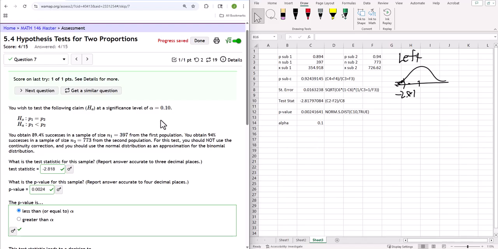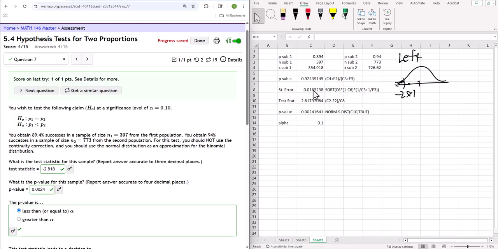So again, you're doing a hypothesis test for two proportions. We are given our null and alternate hypothesis, so we don't really have to write those. We use that information to figure out that we have it left-tailed. I like to work through to figure out the test statistic before I draw the picture. In this case, we were given our proportions and our sample sizes, so we had to use those to figure out our number of successes, sum up the successes, and divide by the sum of the sample sizes to get our pooled probability.